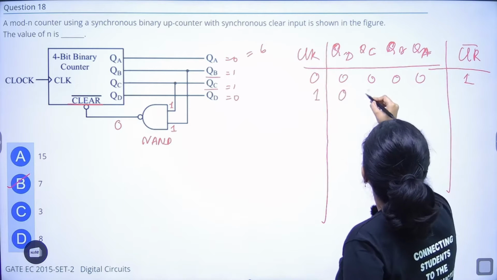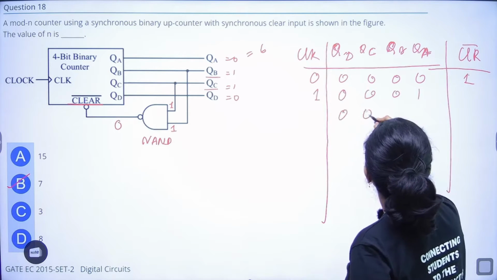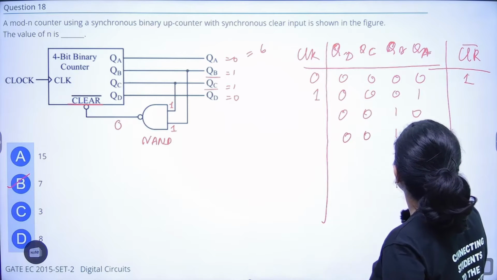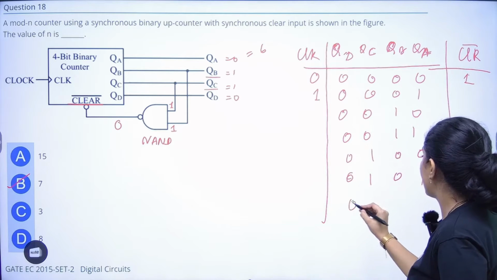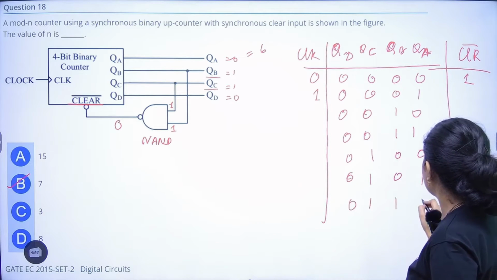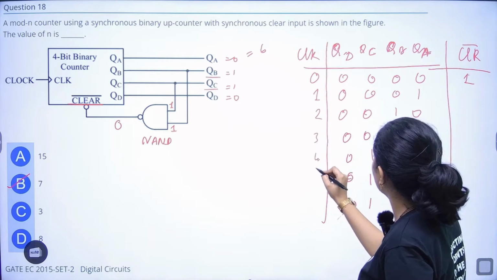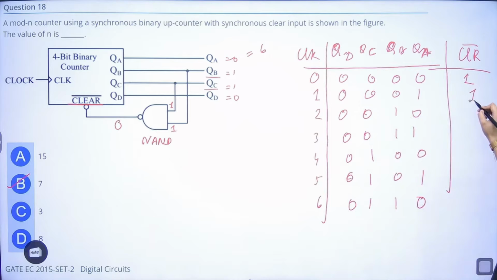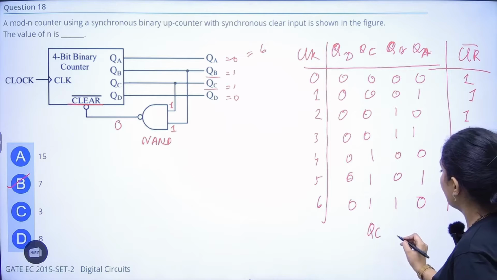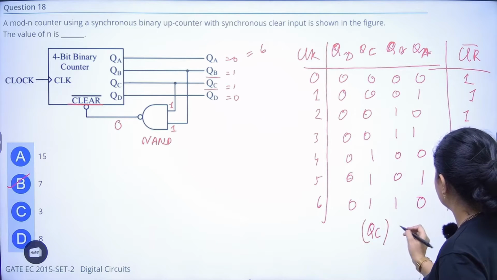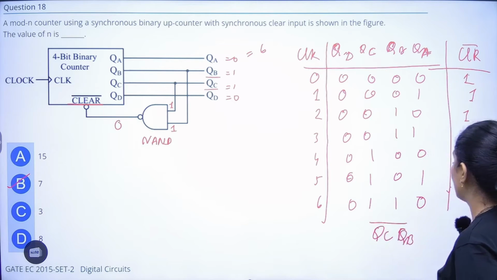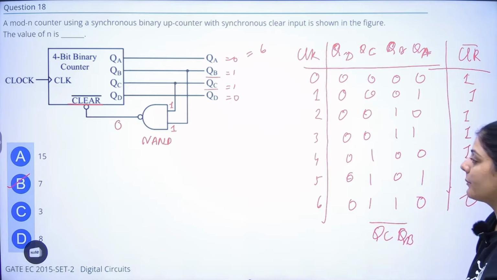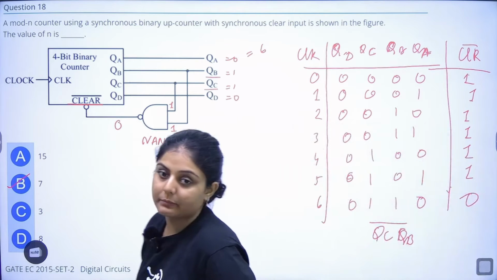First clock, counting 1, counting 2, counting 3, counting 4, counting 5, counting 6. So it is 1, 1, 1, 1, 1, and here QC QB will become 0. So that will be your mod 7 counter.